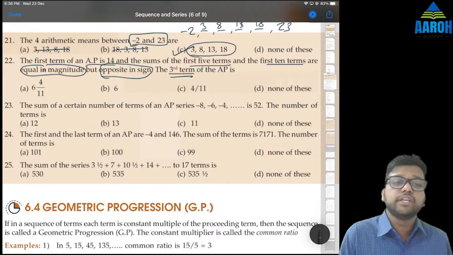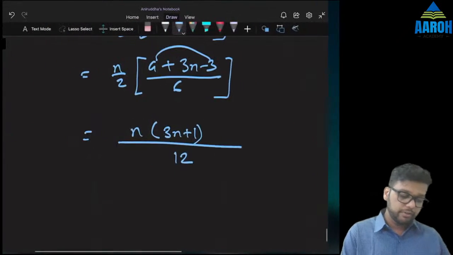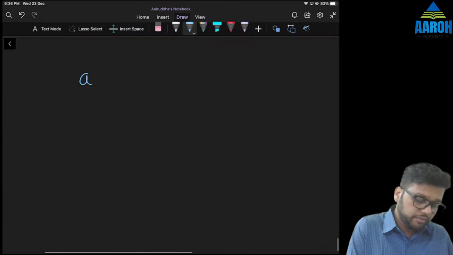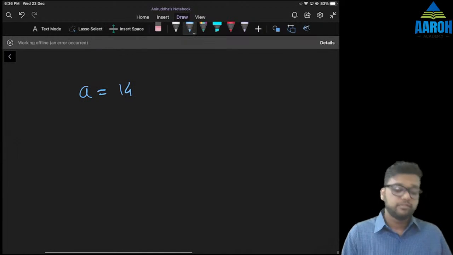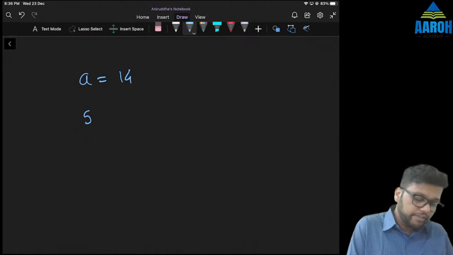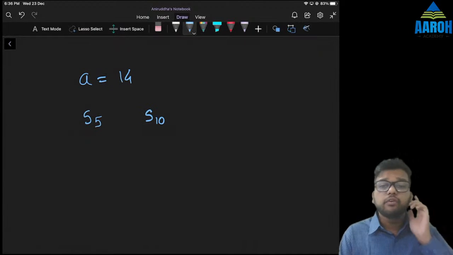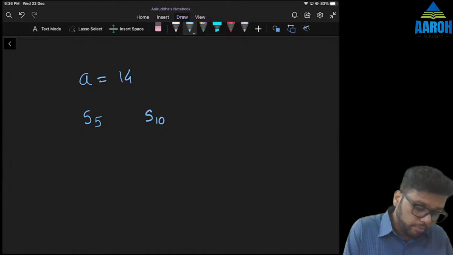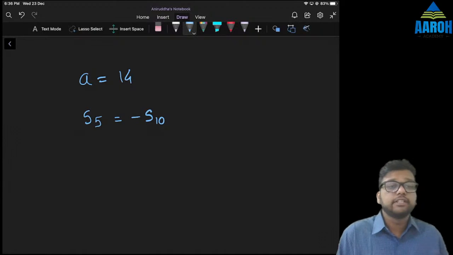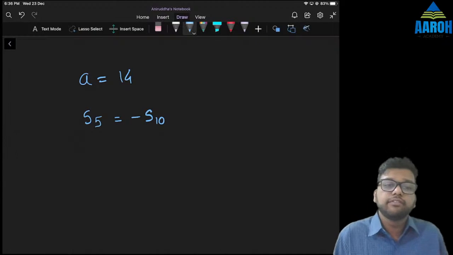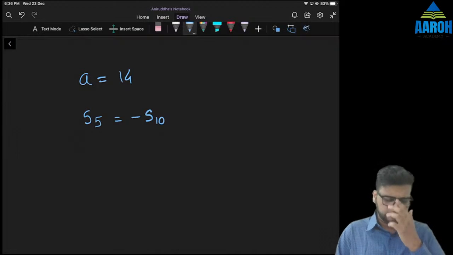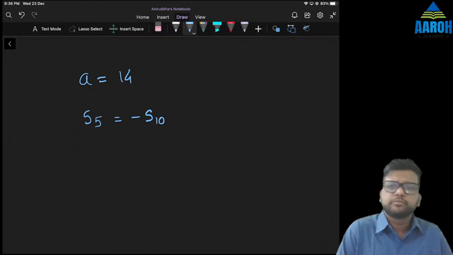What is the third term of this AP? So what information is given? First term is 14, and the sum of first 5 terms and sum of first 10 terms are equal in magnitude but opposite in sign. So if one is positive, the other is negative, right?